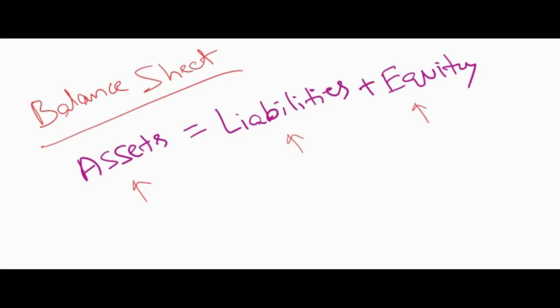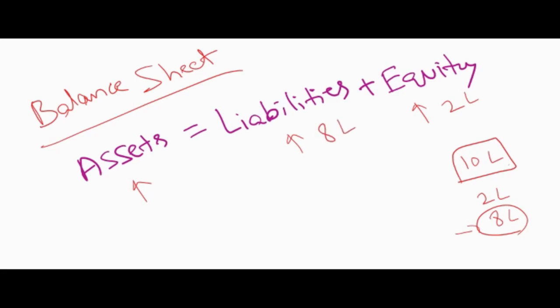For example, if you are starting a business which requires funding of 10 lakhs, but out of 10 lakhs you have only 2 lakhs with you, so you are investing 2 lakhs into the business, that comes under equity. Now the remaining 8 lakhs you are taking as a bank loan. You need to repay this amount to the bank, so it comes under liability.